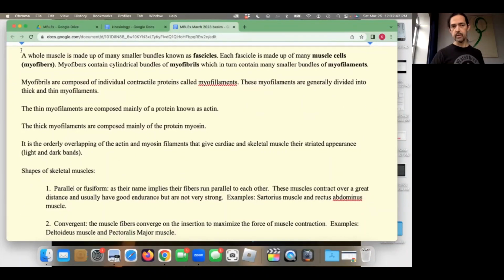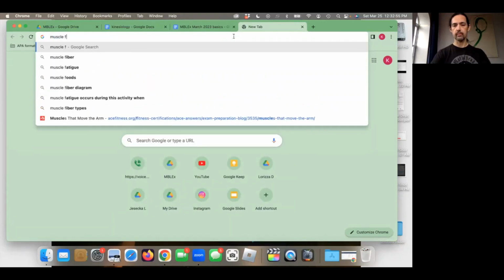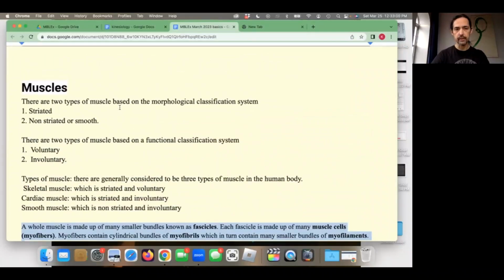Okay, so we're going to get more into the histology of the muscle now. Okay, so if we look at, oh wait, I think I may be able to find it.